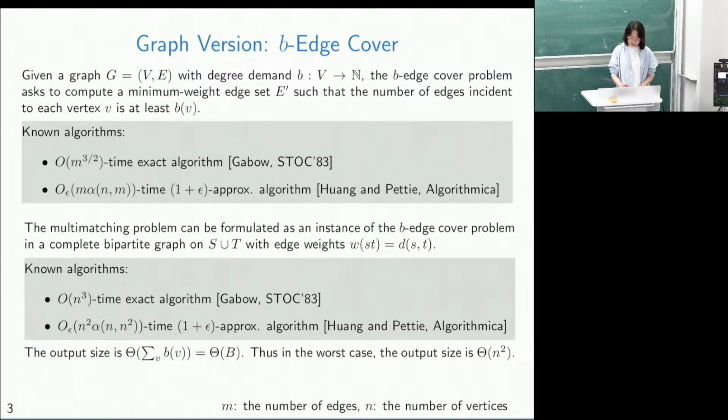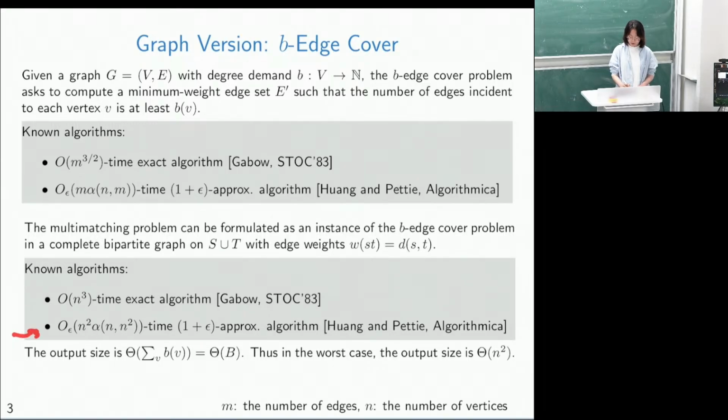So after constructing a complete bipartite graph in this way, we can solve the geometric multimatching problem using those algorithms. In this case, the number of edges is quadratic, so this algorithm becomes an n cubed time exact algorithm for the geometric version of the problem.